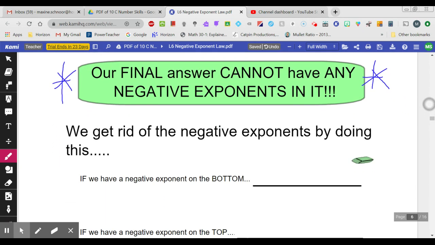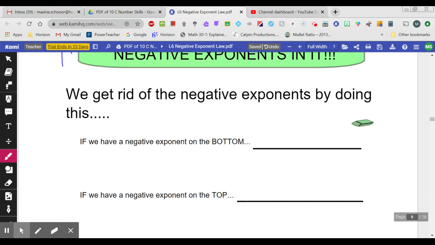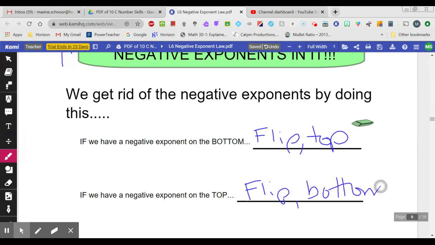So here is the rule. If we have a negative exponent on the bottom, we flip and we bring it to the top. If we have a negative exponent on the top, we flip and we send it to the bottom.